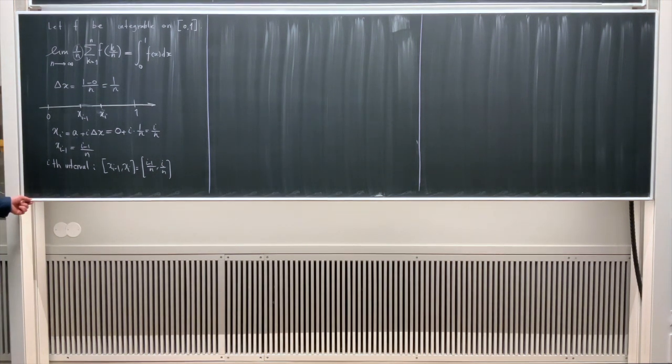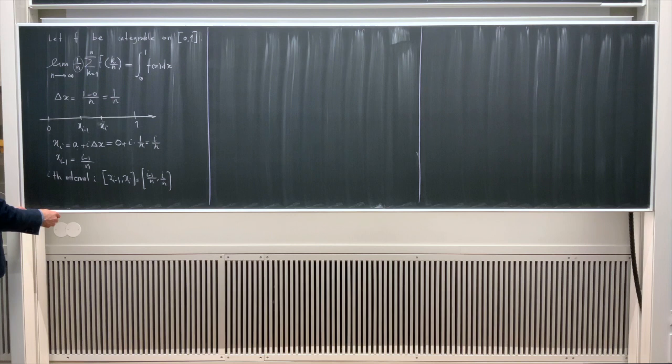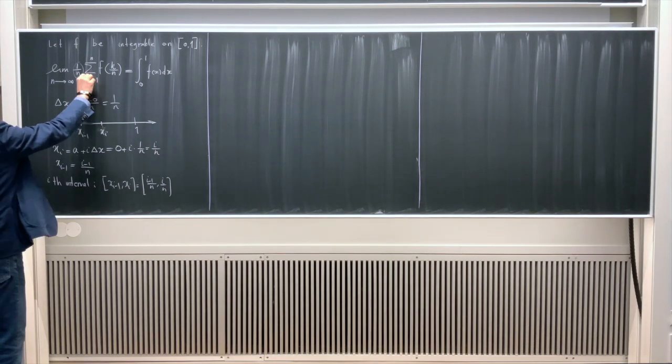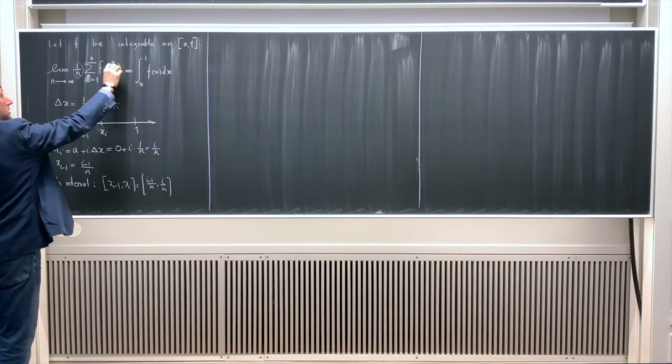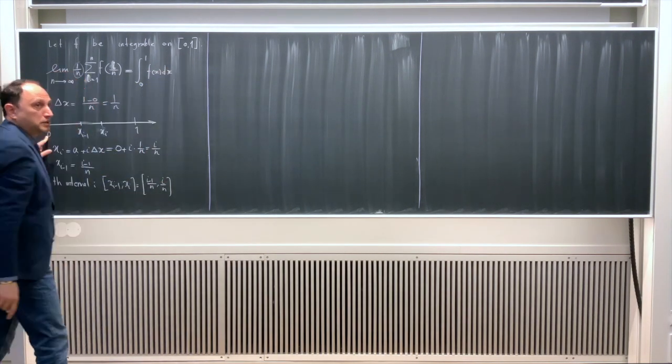By the way, I should have used letter i consistently. So if you don't mind, I change this letter k to i so that you are not confused. It doesn't matter. Yes? No, a is the first number, and b is the last number.